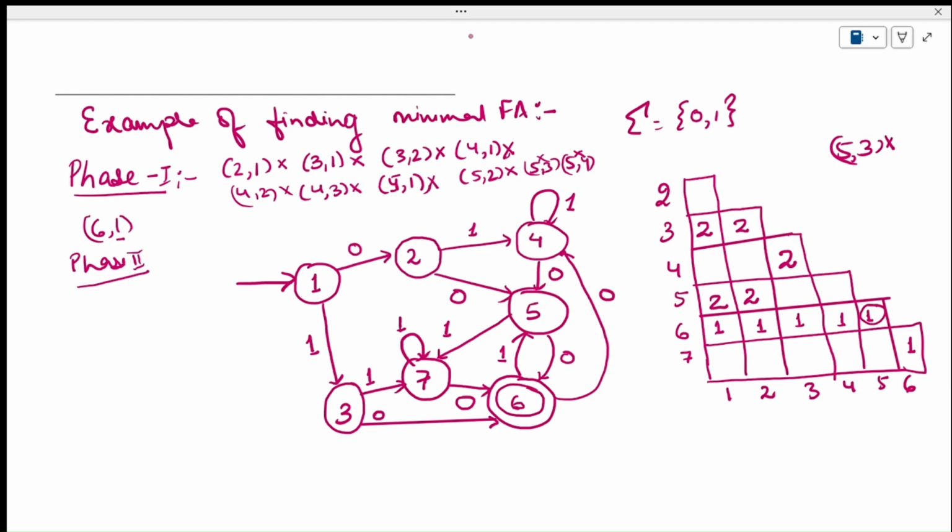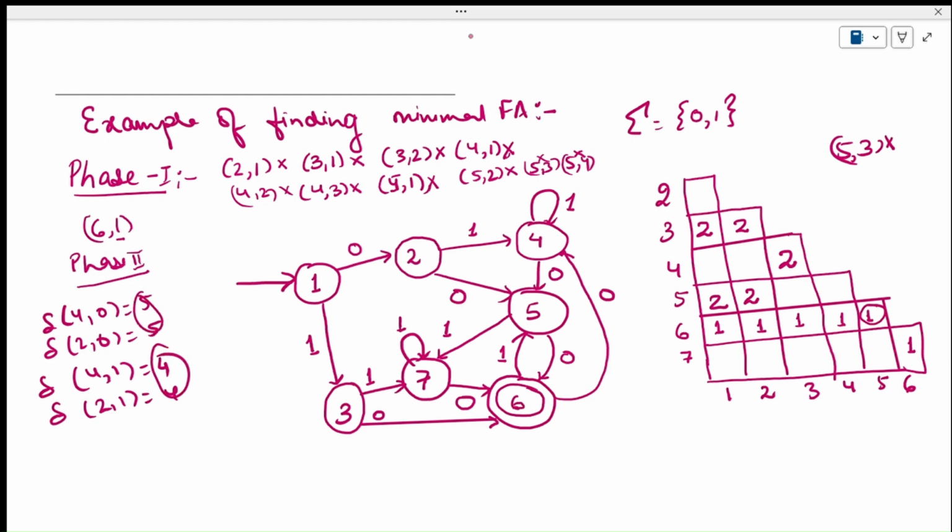For example, delta 4 on reading 0 was giving us value 5, delta 2 on reading 0 was giving 5, delta 4 on reading 1 was giving us 4, delta 2 on reading 1 was giving us 4. So 5 5 4 4. In the same category, that is 4 2 is never going to be marked, not in this iteration, not in the future any of the iterations.